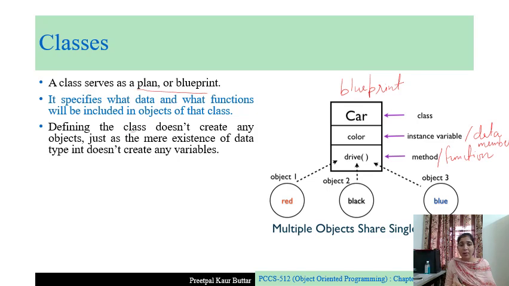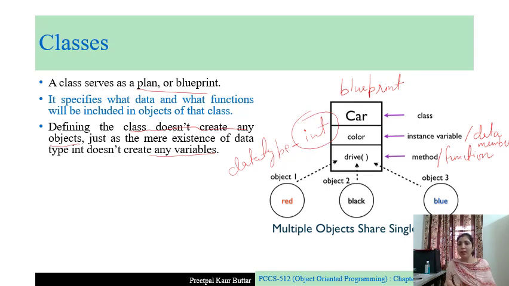And the important thing is creating a class does not create any objects. This is just a plan. Okay. Just as the mere existence of data type int does not create any variables. We know that in C language there exists a data type int, but mere existence does not ensure that there are some objects of this type.